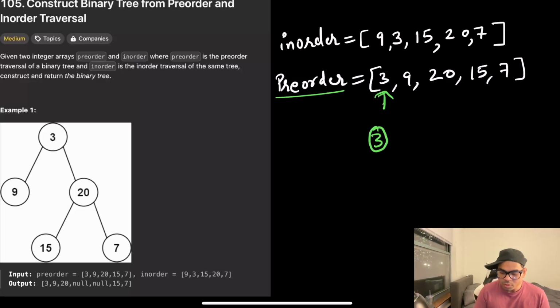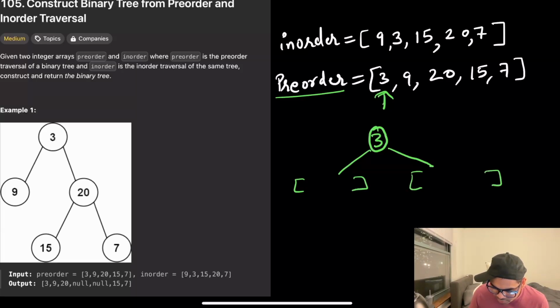Now I have to figure out what will be my left and right subtree. The left and right subtrees will also be created using the preorder and inorder arrays.